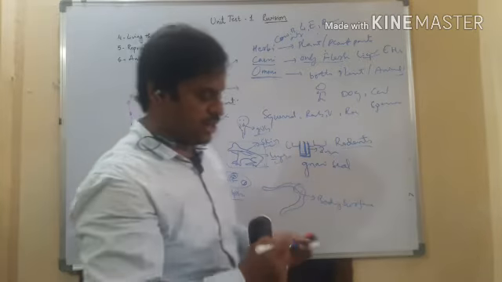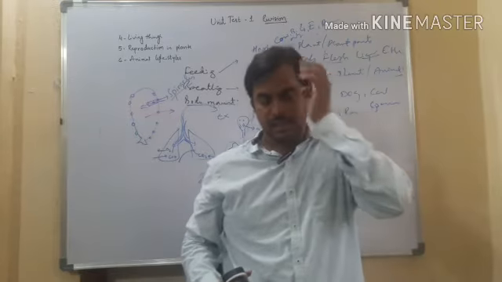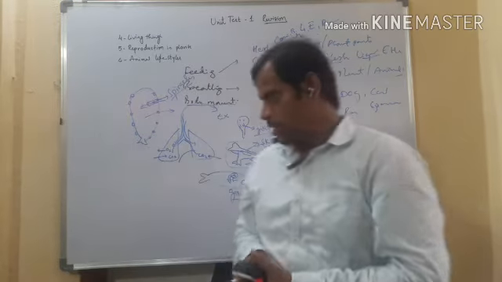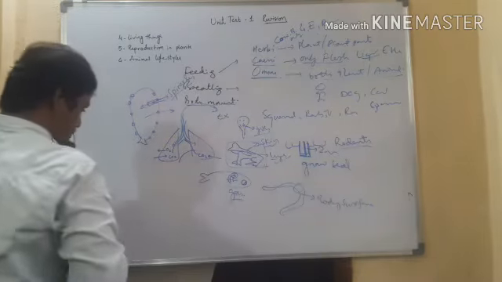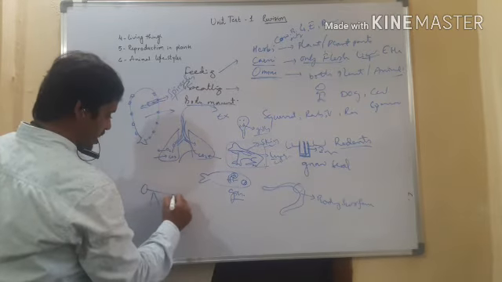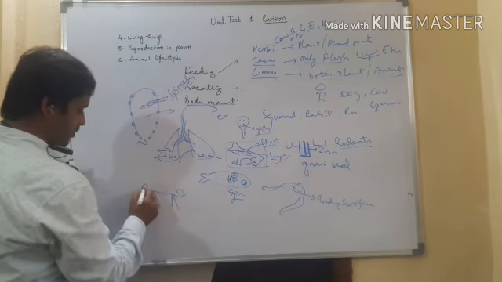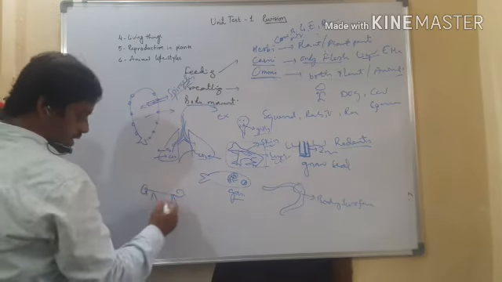And body movement. Some animals are able to walk by the legs. For example, if it is a dog, it contains 4 legs.